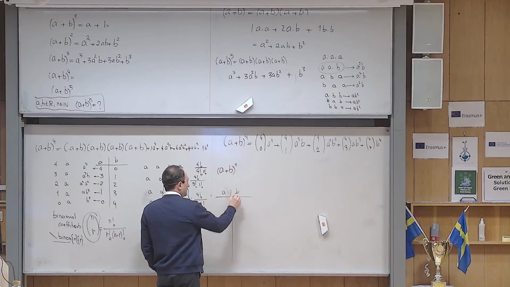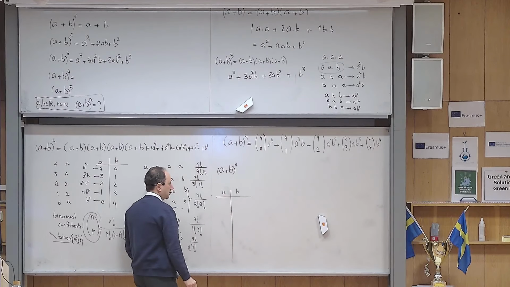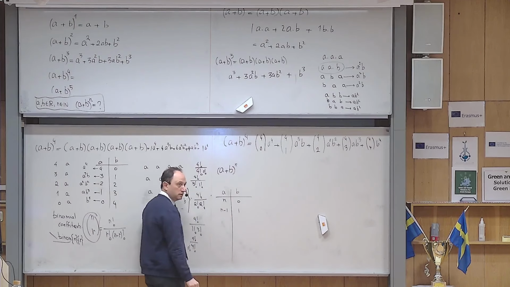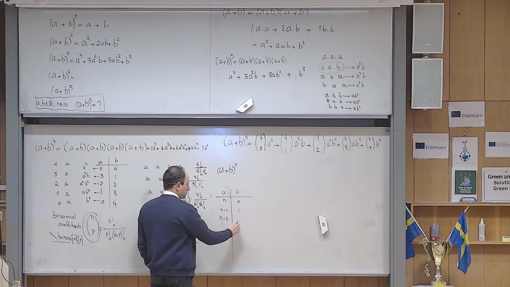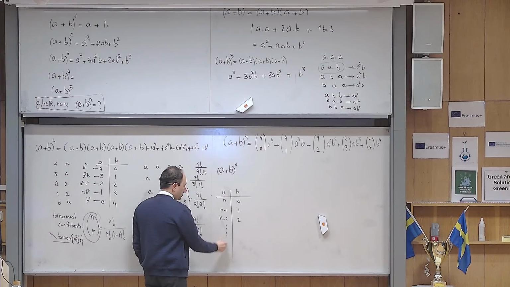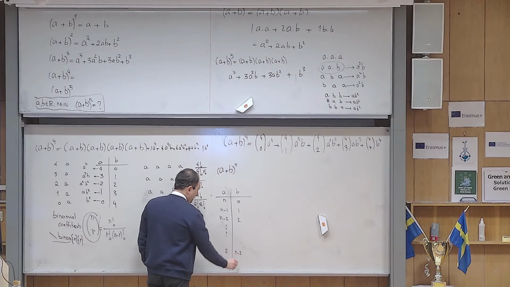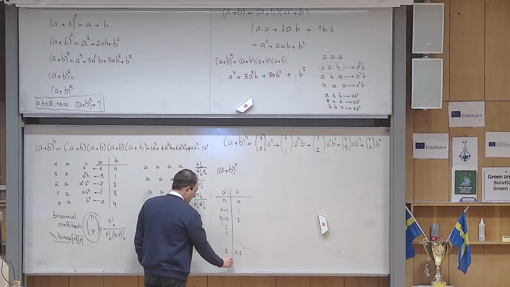Either I can have at most n a's and no b's, and then n minus 1 a's, 1 b, n minus 2 a's, 2 b's, and then it continues, let us say 2 a's and n minus 2 b's, and then 1 a and n minus 1 b's, and finally no a's, all of them b's.